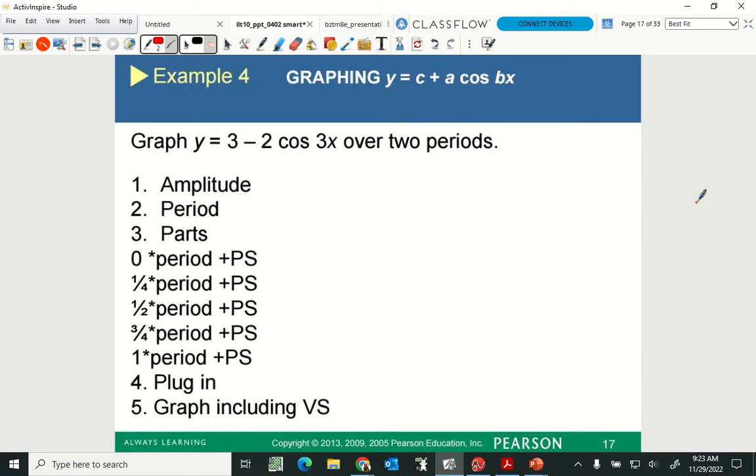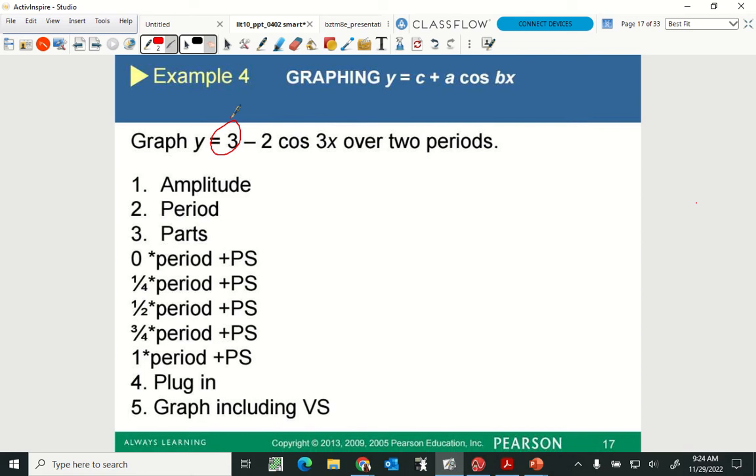So this one right here is adding something else. See this 3 out here by itself? It's not multiplying or dividing my cosine. If it's not doing that, that means it by itself is going to be my vertical shift.